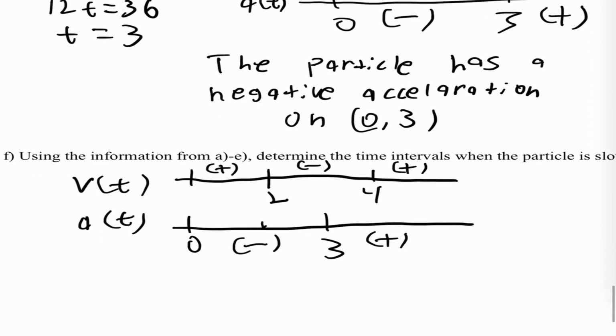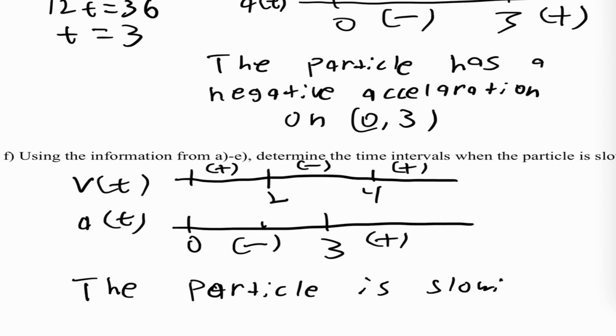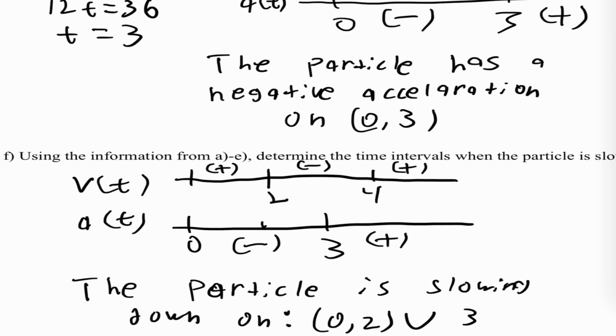Now from this, we could say that the particle is slowing down on 0 to 2 and 3 to 4.